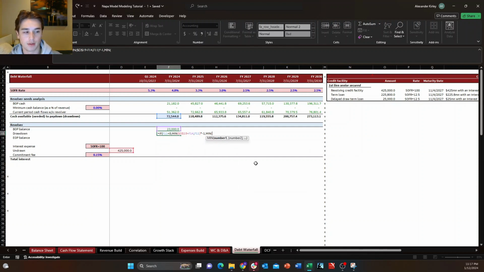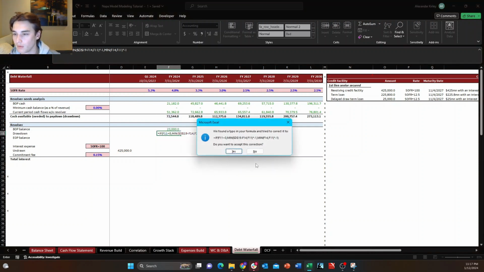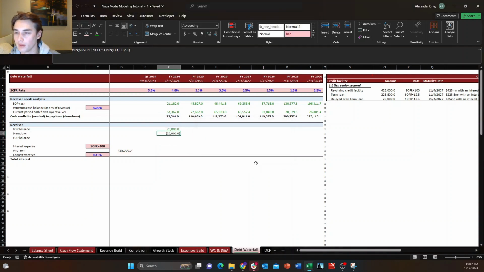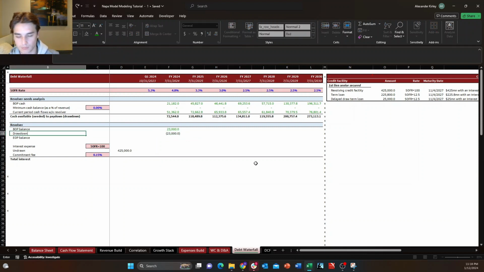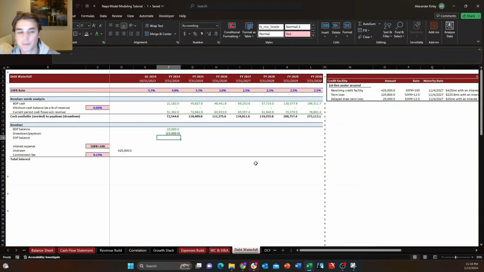So the minimum of our beginning period balance or our cash available, and then I'm going to multiply that by -1, and that is how much we are paying back, right? So our end of period balance is 0 in this case.